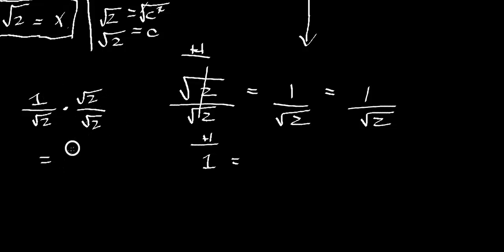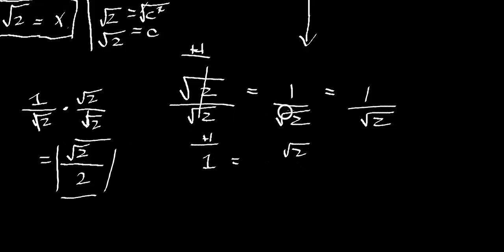So 1 times the square root of 2 is the square root of 2, divided by the square root of 2 times the square root of 2, the radicals cancel, and you're left with a 2. Okay? So 1 over the square root of 2 simplifies to the square root of 2 over 2. And since this is the same as that, the answers are going to be the same. The simplifications are going to be the same.